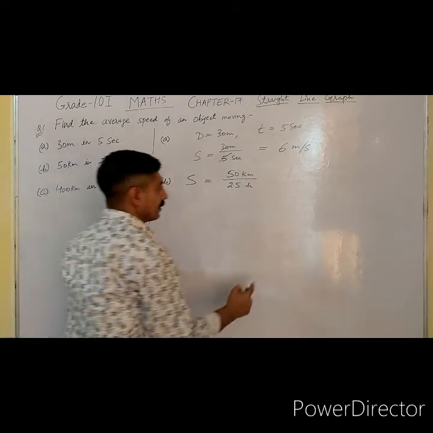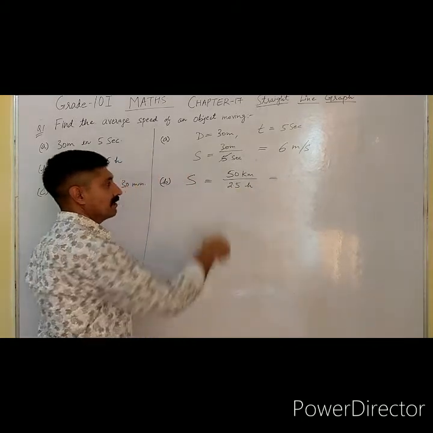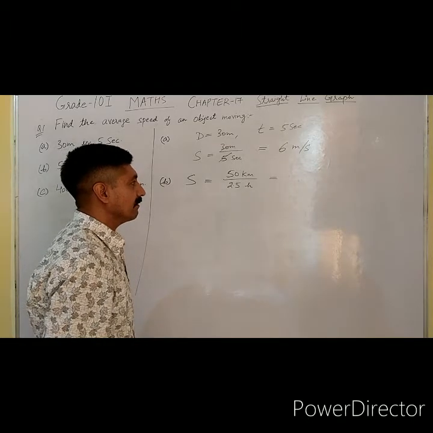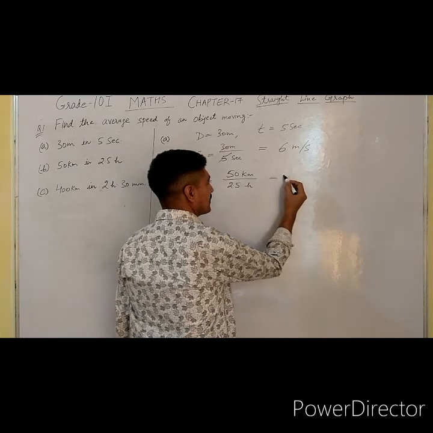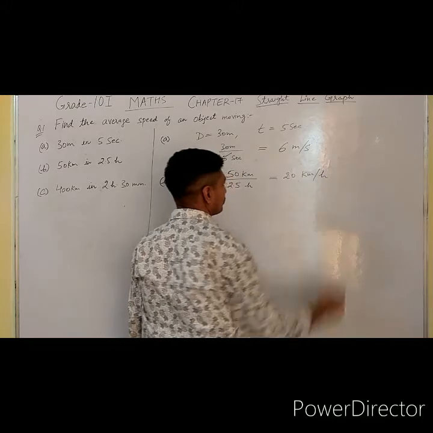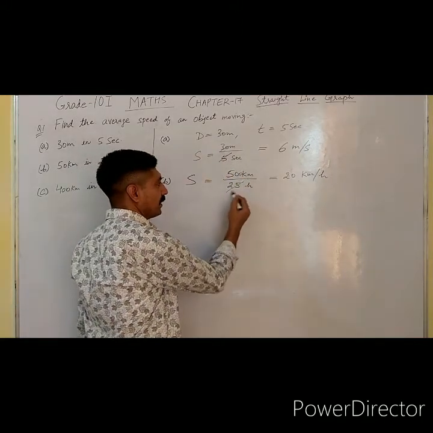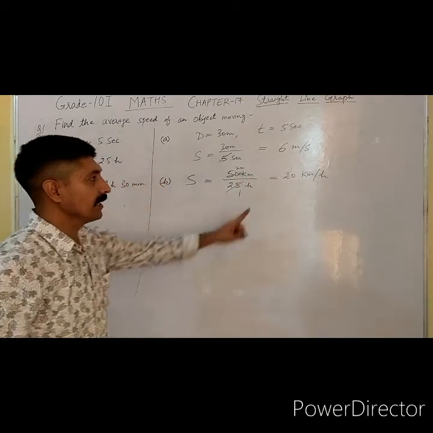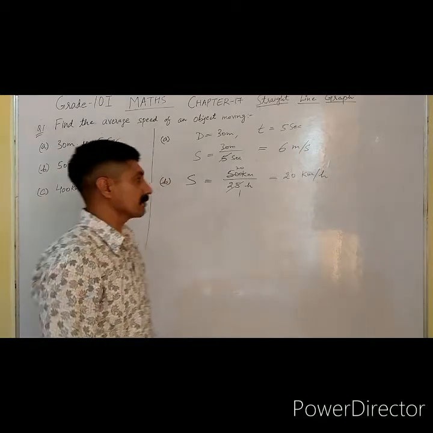When we remove the decimal, it is 500 divided by 20. So that is 20 kilometer per hour. When we remove the decimal, it will be 0 here. 25 ones are 25 and this is 20 kilometer per hour. That is the average speed.